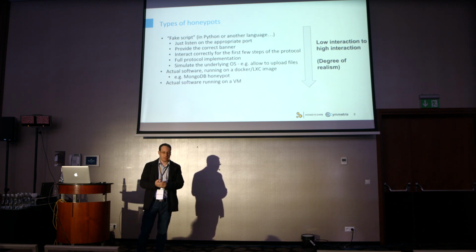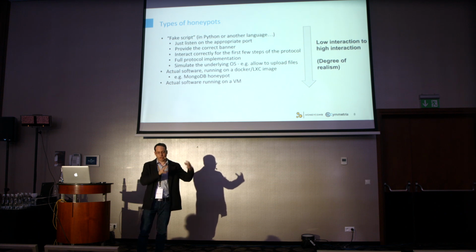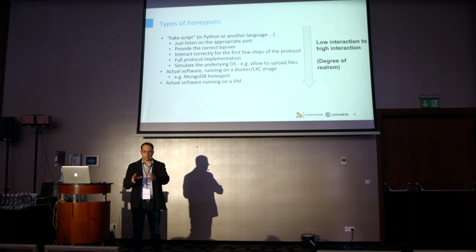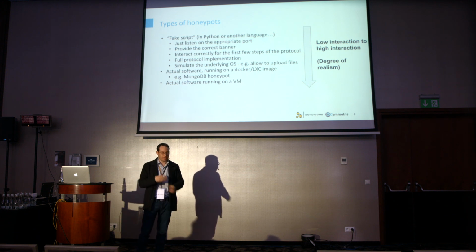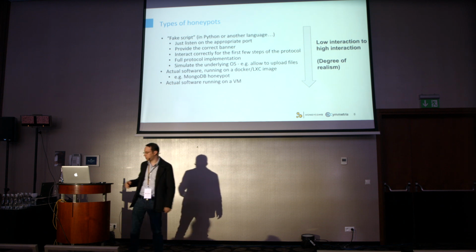The VM just makes the separation more effective. So if you actually, for example, provide actual SSH access, it is better to run it in a VM rather than a Docker to make the separation between your actual host and the honeypot, so that if attackers are coming inside there, it will be harder for them to escape outside of the honeypot environment.